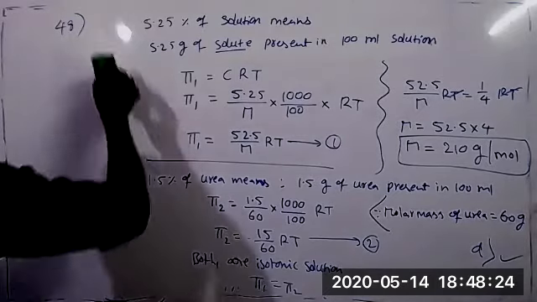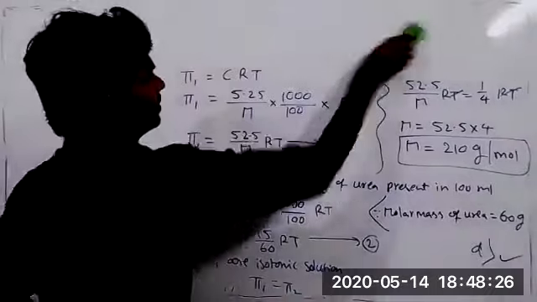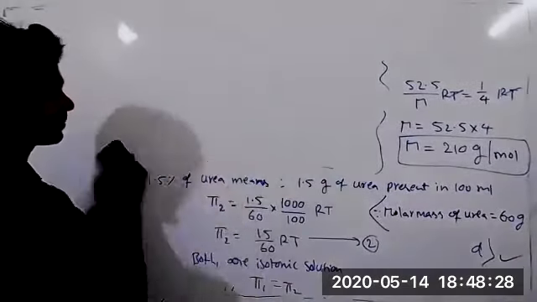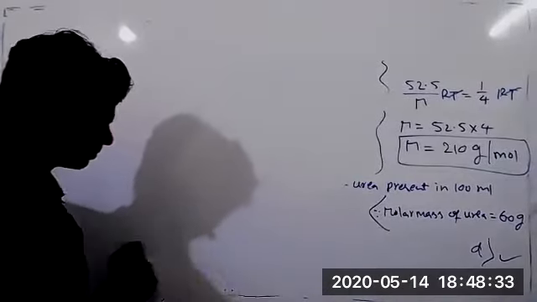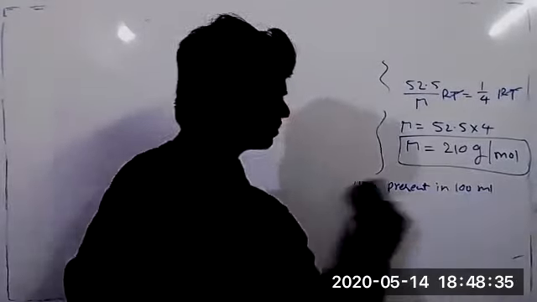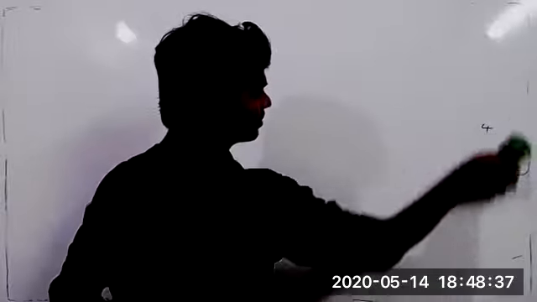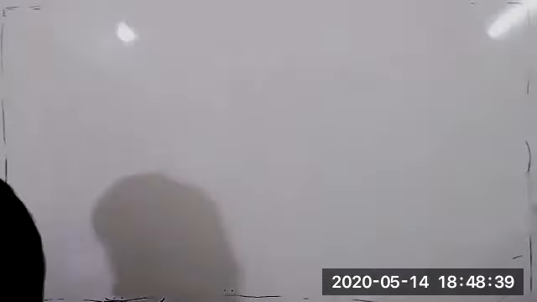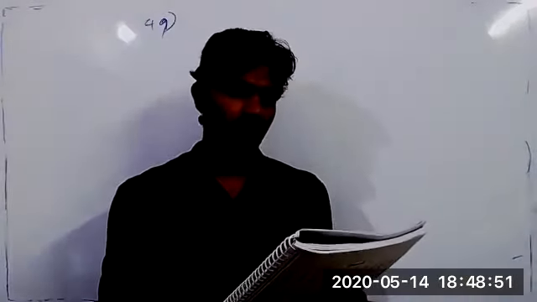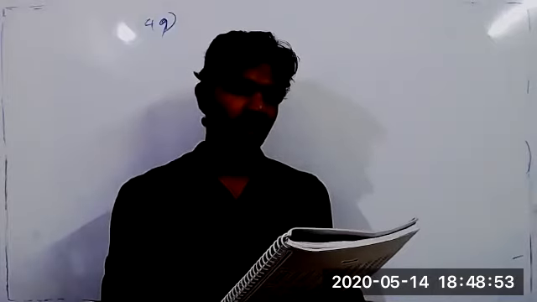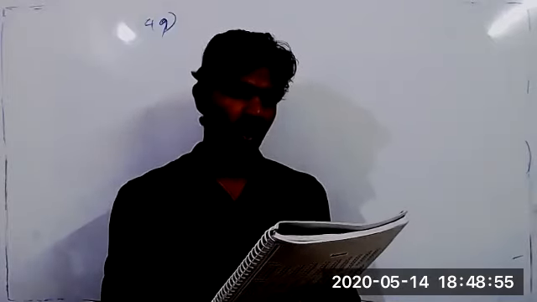Okay, then next question. The next question is a very simple question, 49. Density of a 2.05 m solution of acetic acid in water is 1.02 gram per ml.